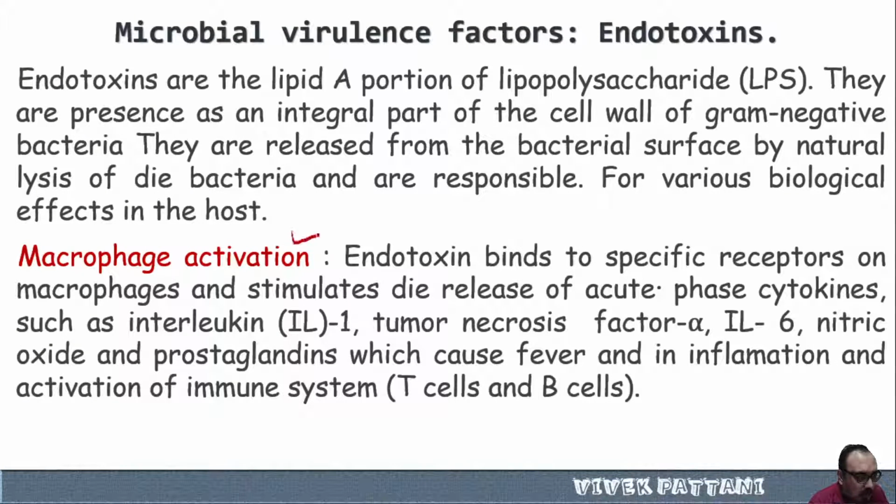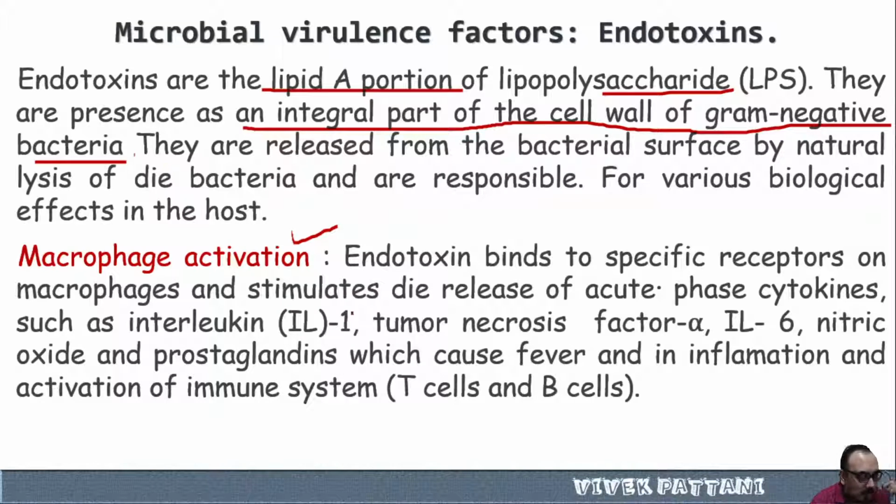In the mechanism of endotoxins, as you know, endotoxins are the lipid portion of lipopolysaccharides, and they are present as an integral part of the cell wall of gram-negative bacteria. They are released from the bacterial surface by natural lysis of the bacteria and are responsible for various biological effects in the host. The first one is macrophage activation.